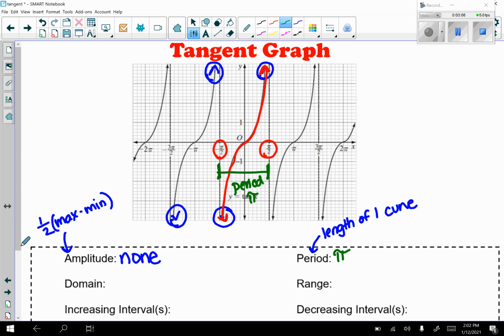My domain, remember, are your x values, so that's from left to right. And your range are your y values, which are from bottom to top.